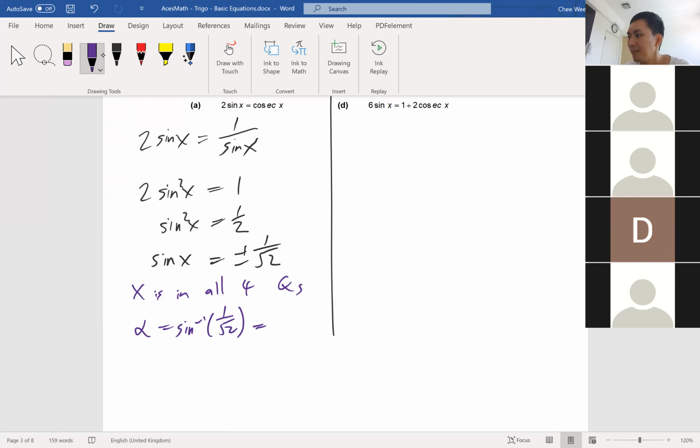Or it's sine 45, 45 degrees. So alpha is 45 degrees, all right? So x is thus 45, 135, 225, and 315.